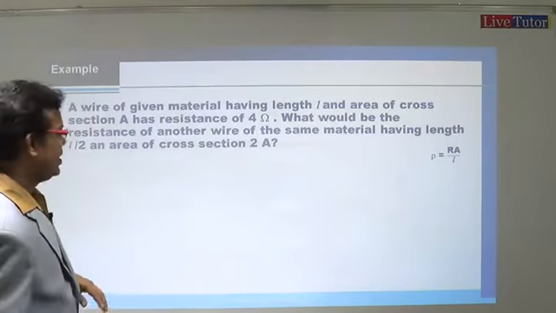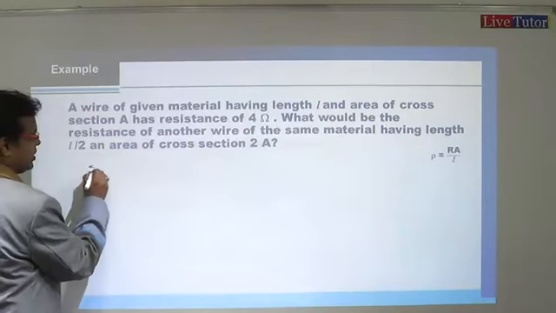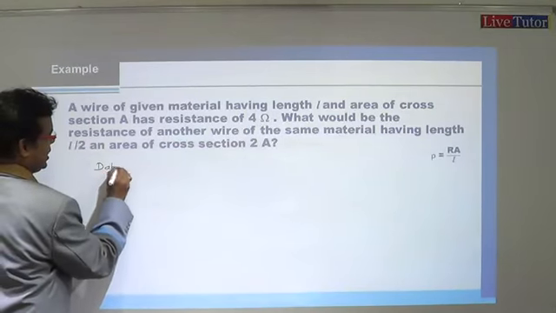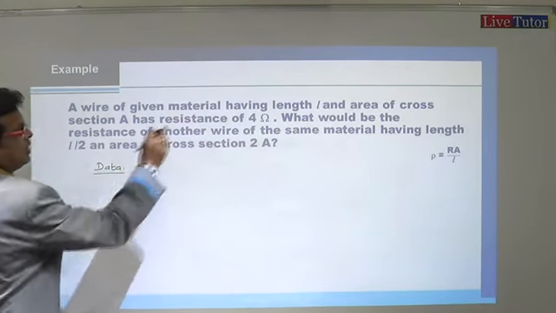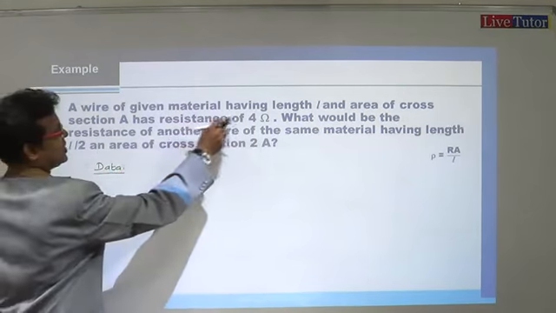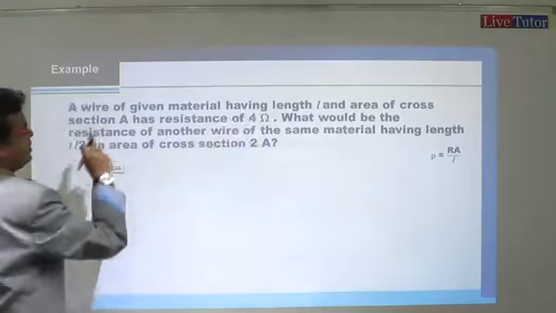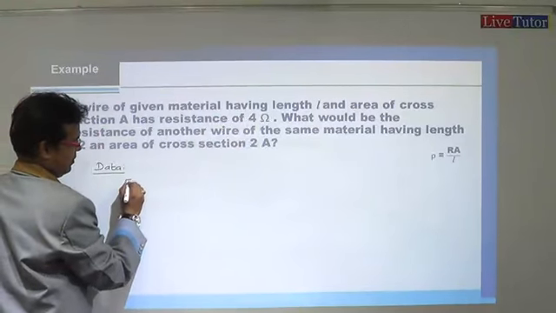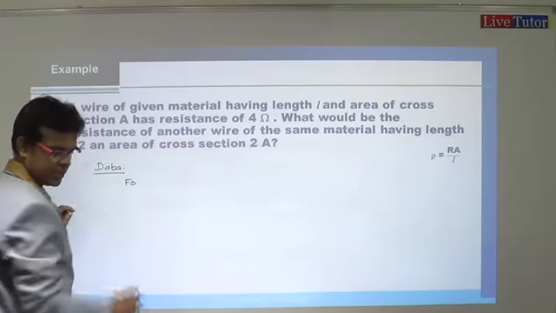Okay, so it's very simple. See, what is the data given here? The length is given, resistance is given, cross sectional area is given.